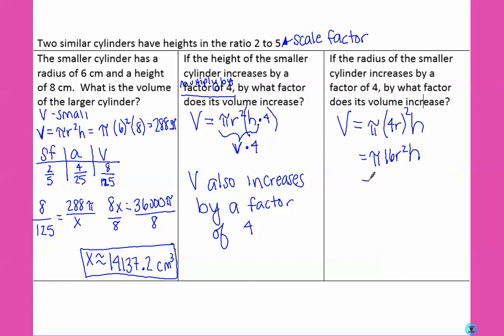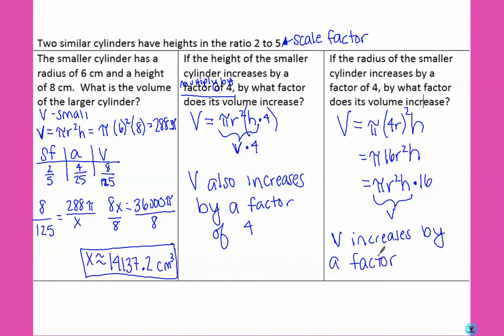Let's move the 16 to the end: pi r squared h times 16. That's our volume formula. So the volume would increase by a factor of 16, because that's what we're multiplying by. Go ahead and write your summary, and I'll see you in class.